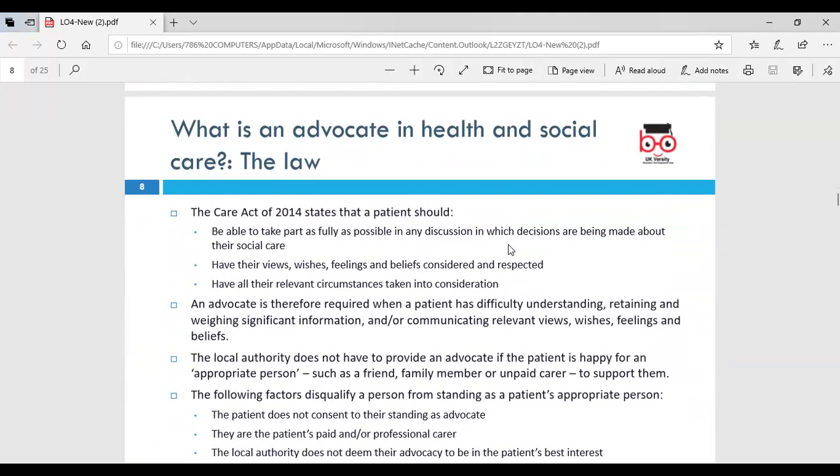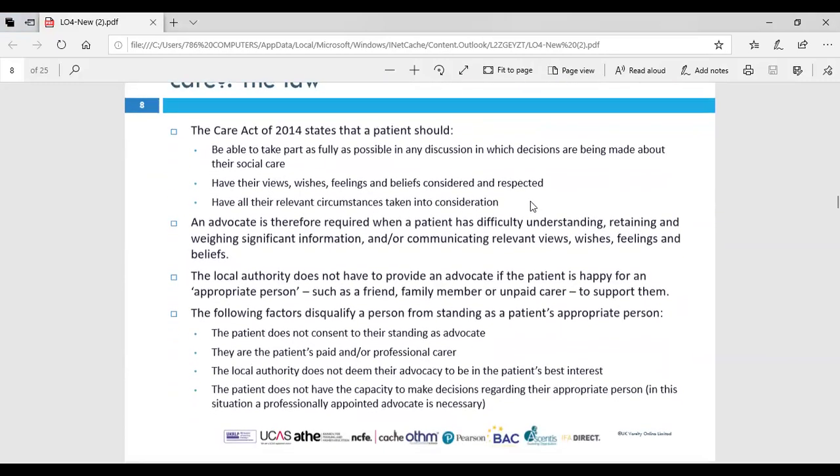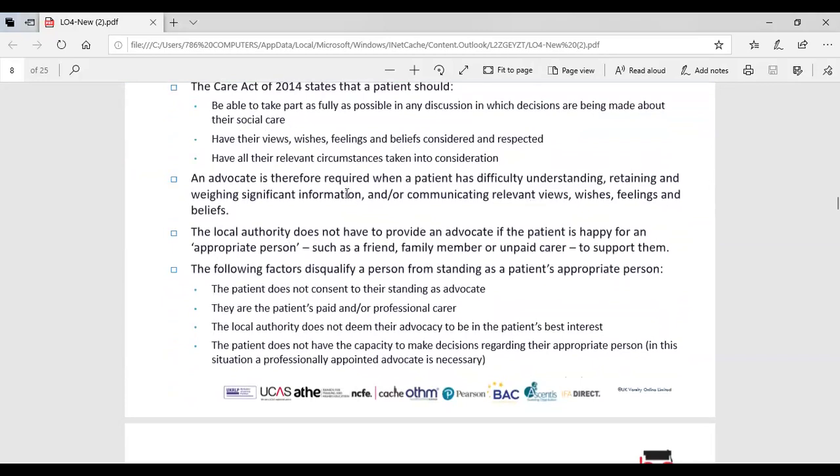They have their views, wishes, feelings, and beliefs considered and respected at all times, and they have all their relevant circumstances taken into consideration. So this is the Care Act. These laws should be provided to every individual so they understand that this is the autonomy that is provided to the service users.